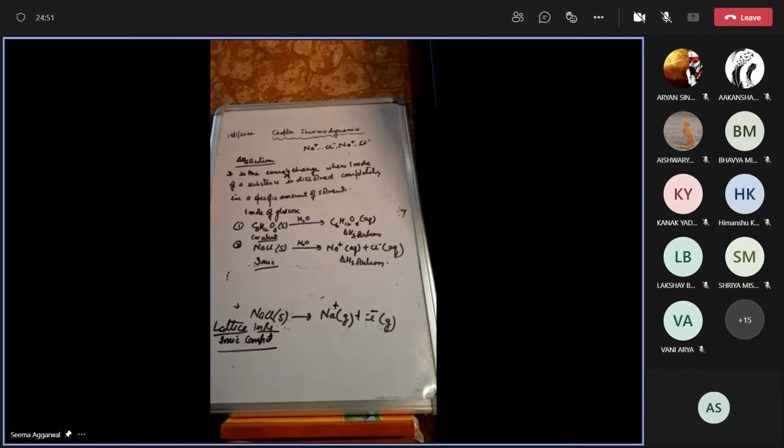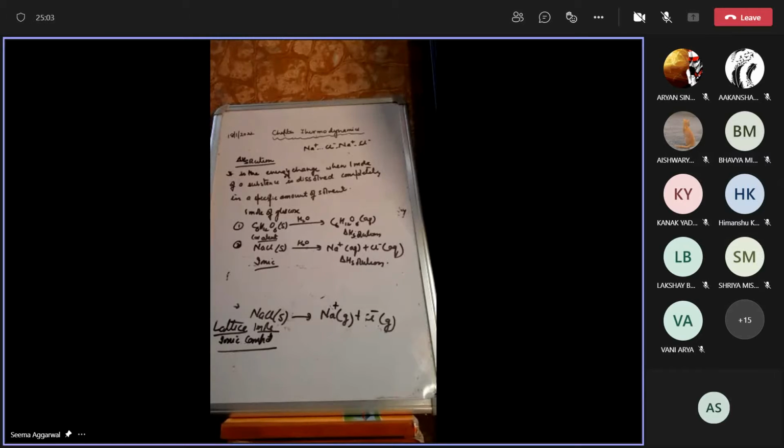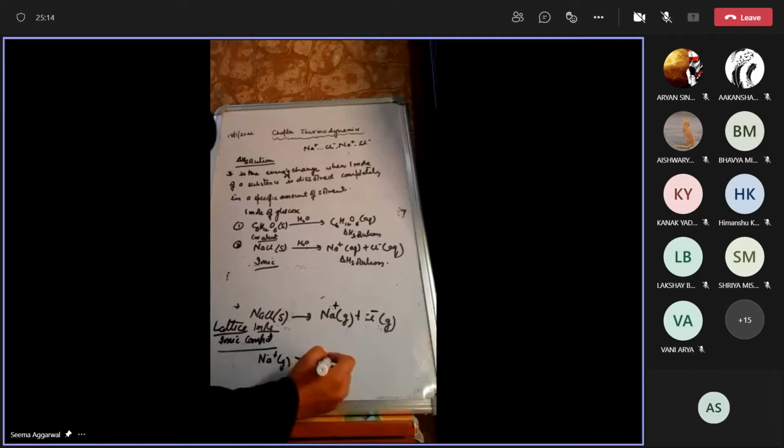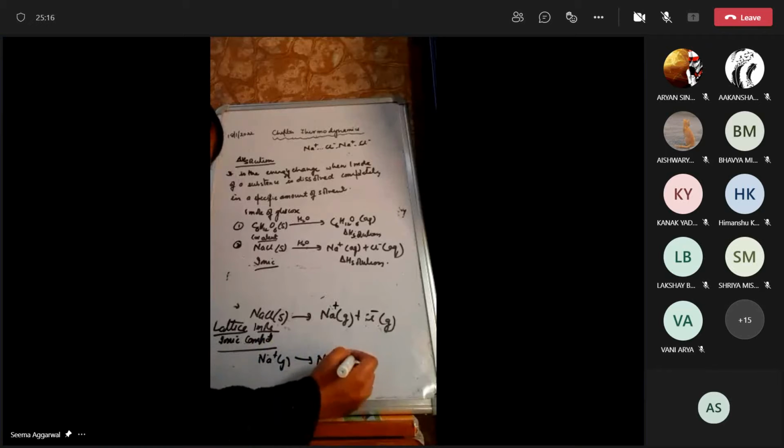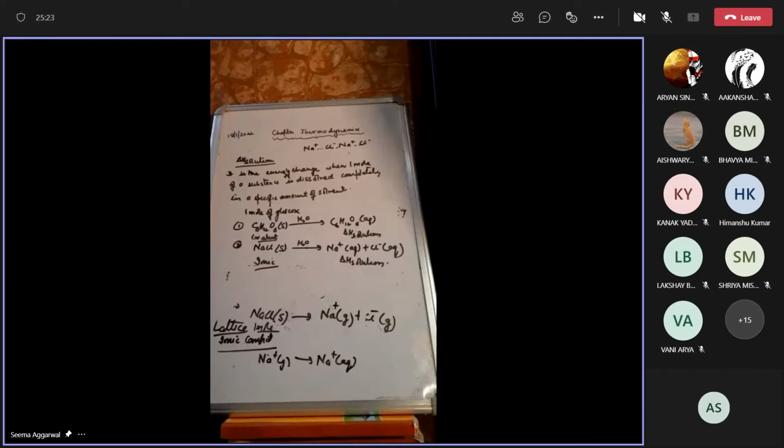What is the meaning of delta H hydration? When 1 mole of isolated gaseous ions are converted into aqueous ions. So is it the same as delta H hydration? Let me tell you again what delta H hydration means. Suppose we make this from a sodium ion, what is this called? Can you read out the definition of delta H hydration?